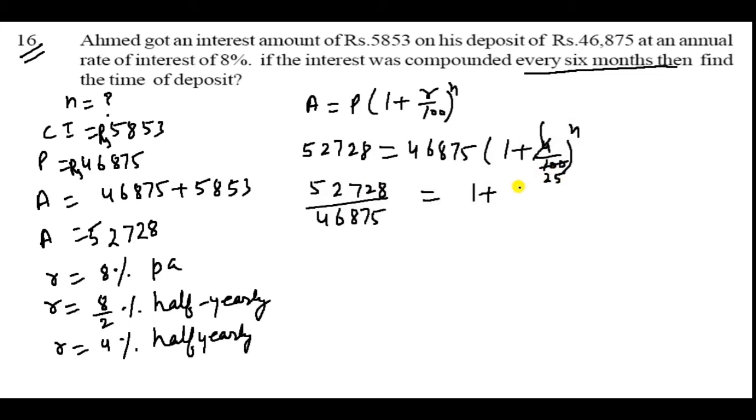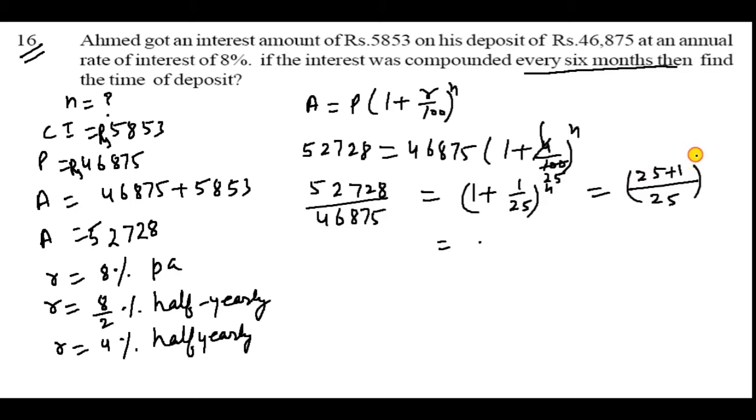So here 52728 divided by 46875 will be equal to 1 plus, 4 1 ja 4, 4 2 ja 8, 4 5 ja 20, so 1 upon 25, and whole power is n.